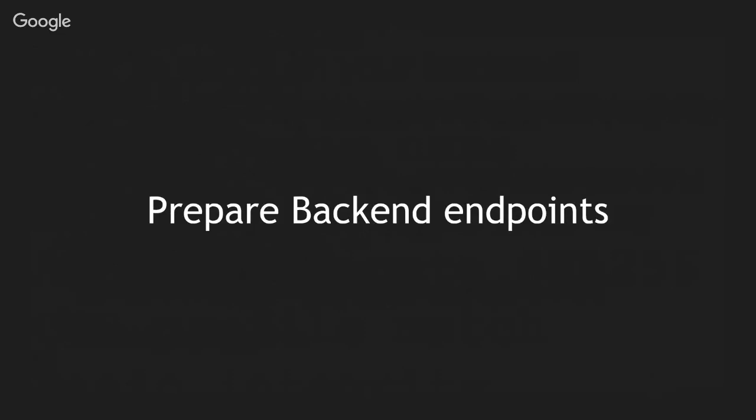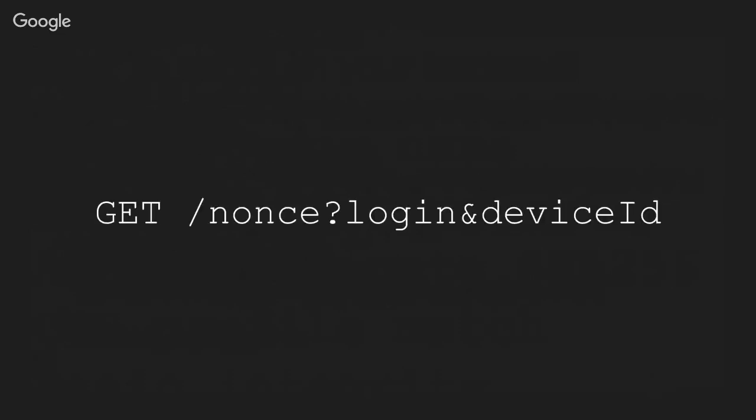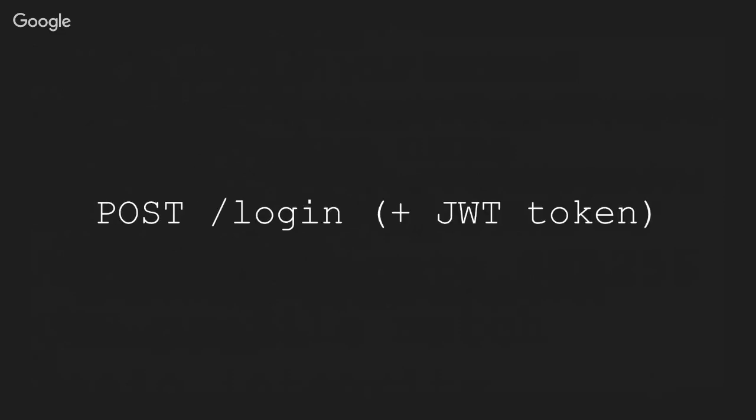Then we need to prepare some backend endpoints, at least two. The first one would be an endpoint to provide us with a nonce, and we need to identify the user, so it would be nice to provide some username and device ID.